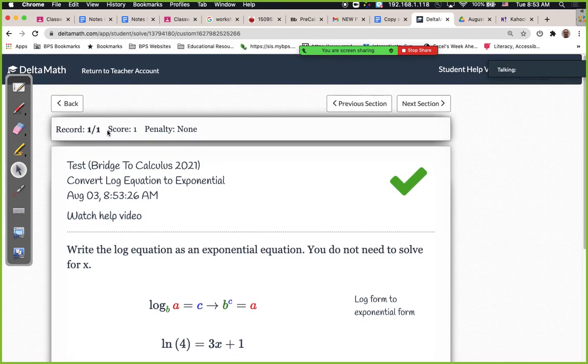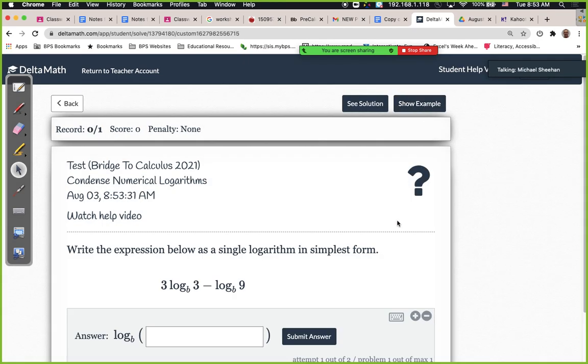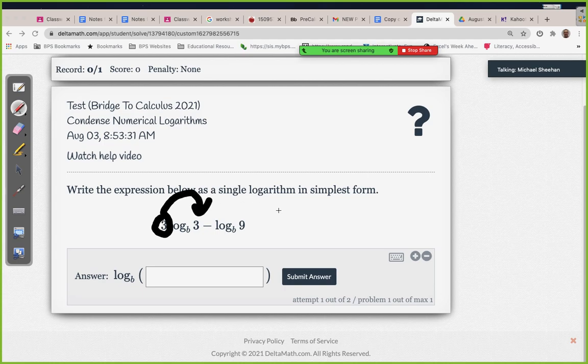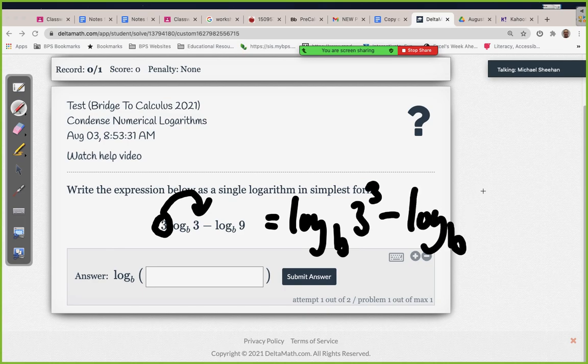All right. Next section. Write this as a single logarithm in simplest form. We're going to apply 2 laws of logarithms here. First, the 3 is going to come on here as an exponent. So that's the log base b of 3 to the third power minus the log base b of 9.